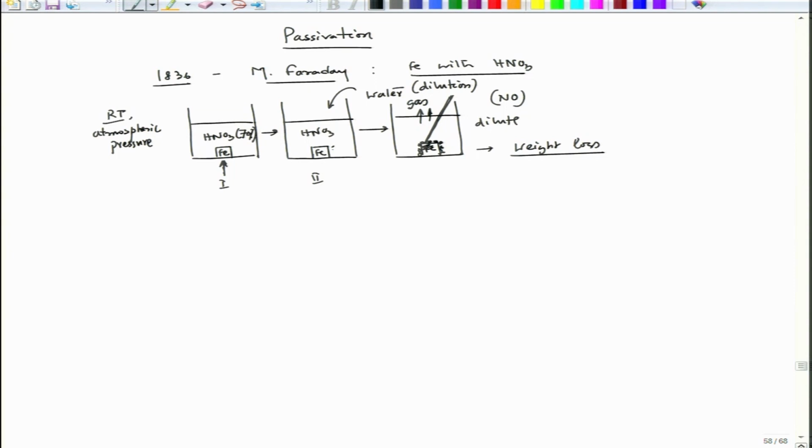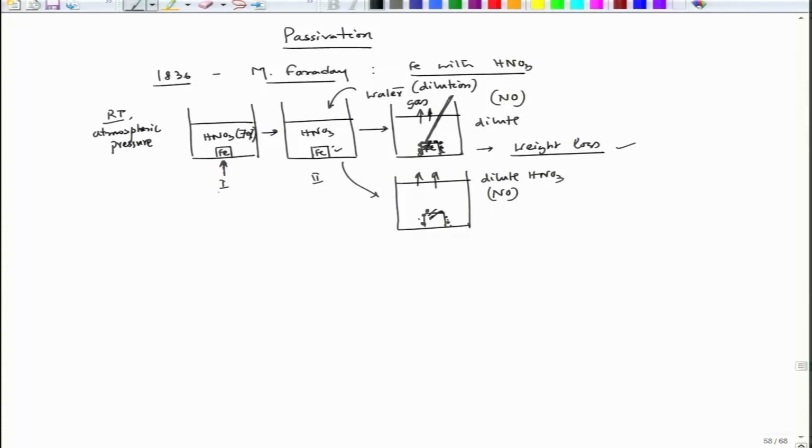Now, if you take the metal from this stage 2 condition and put it in the dilute HNO3 with a scratch on it, then also you will see that gases are coming out and bubbles are forming, the gas is NO, and you will see a lot of weight loss. So, this is the experiment that Faraday performed.